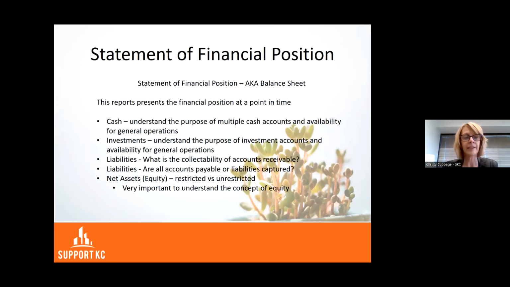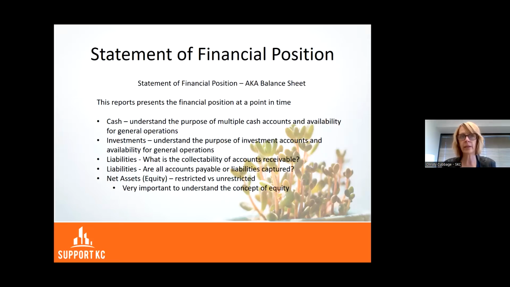And then the last but certainly not least is the equity section, or the net assets section. Net assets is the nonprofit term for equity. That is an accumulation of information, and it's not cash. It's all the assets minus the liabilities.